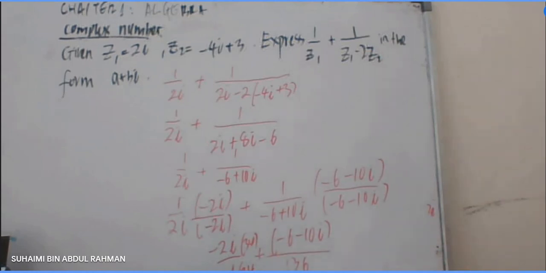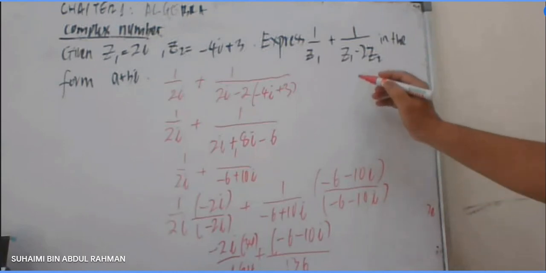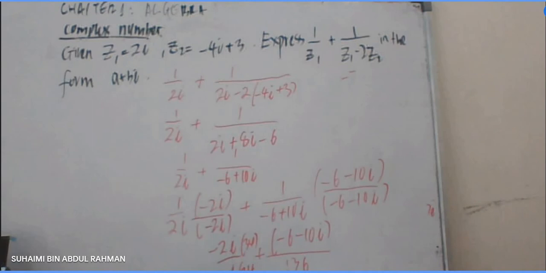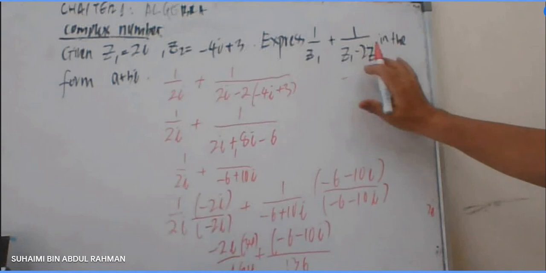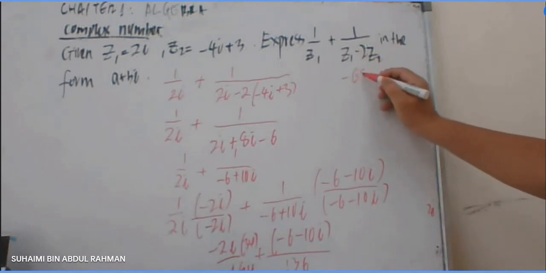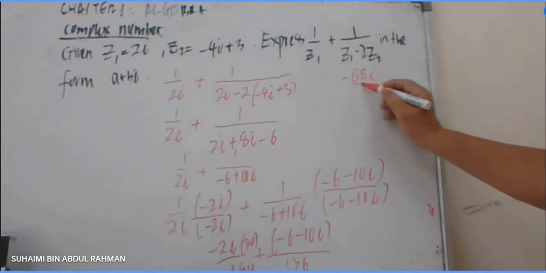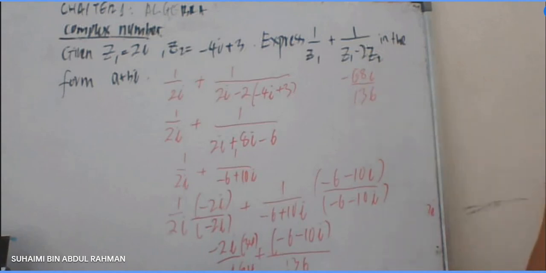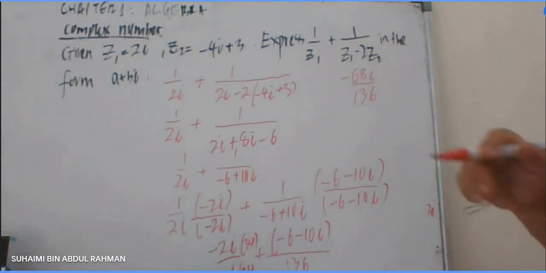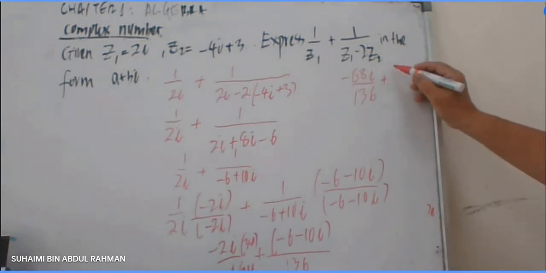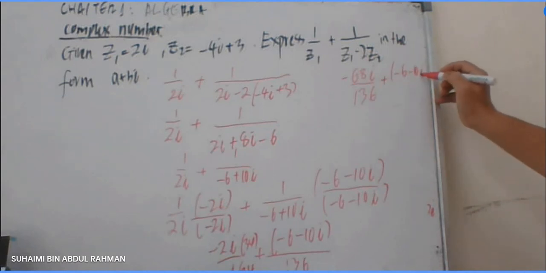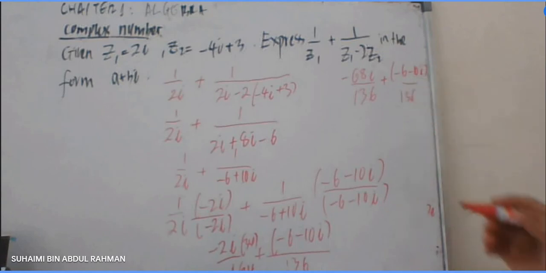So minus 68i over 136, plus minus 6 minus 10i over 136.